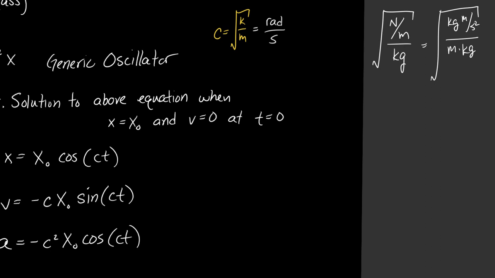I think the kilograms and meters all cancel out there, don't you? So this has to be 1 over seconds squared, which gives us radians per second. No matter what, whatever we derive, it will have to end up having units of radians per second as our constant. It will have to.